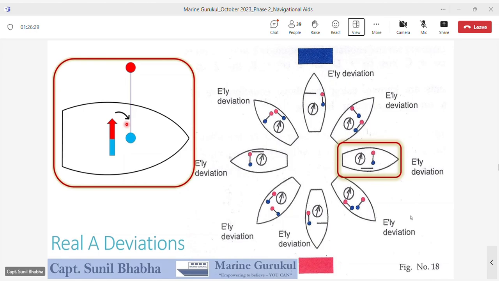So you can see again an easterly deviation is generated. So whether the ship is on north heading or the ship is on easterly heading, in both the cases easterly deviation is generated.